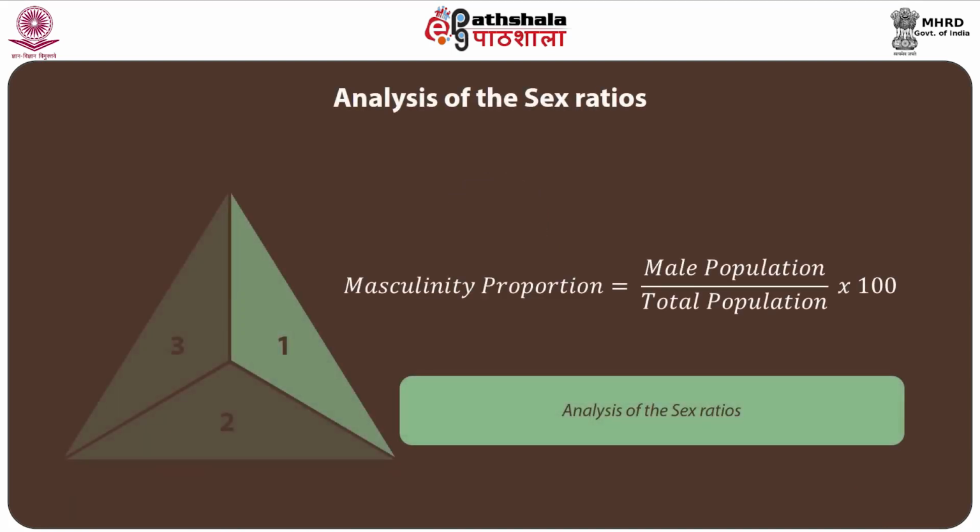The masculinity proportion is simply the male population divided by the total population into 100. It simply means the proportion of males in the total population. A value of 50 for masculinity proportion is the standard of balance between the sexes, and values higher or lower than 50 indicate a deficit of the population of either sex.